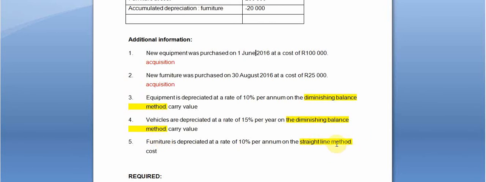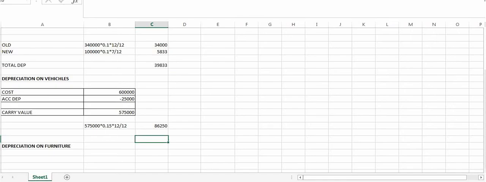So to save myself some time, ladies and gents, I am not going to worry about the accumulated depreciation, because I only need the cost to calculate the straight line method. So what will I do? In this instance, I'm going to say, what is the cost price? Again, I will have a total. I will have old furniture that I've had during previous years, and then I will have my new furniture, which is the acquisition.